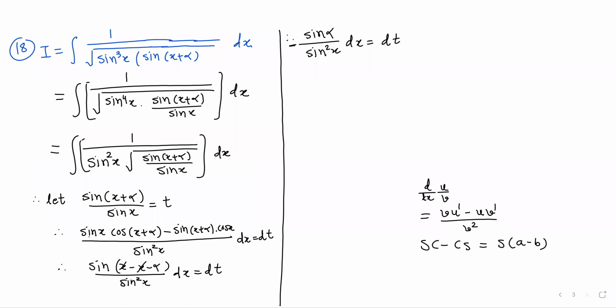So minus sin alpha upon sin square x dx is equal to dt. Therefore, 1 upon sin square x dx is equal to minus 1 upon sin alpha dt. Okay, got it?